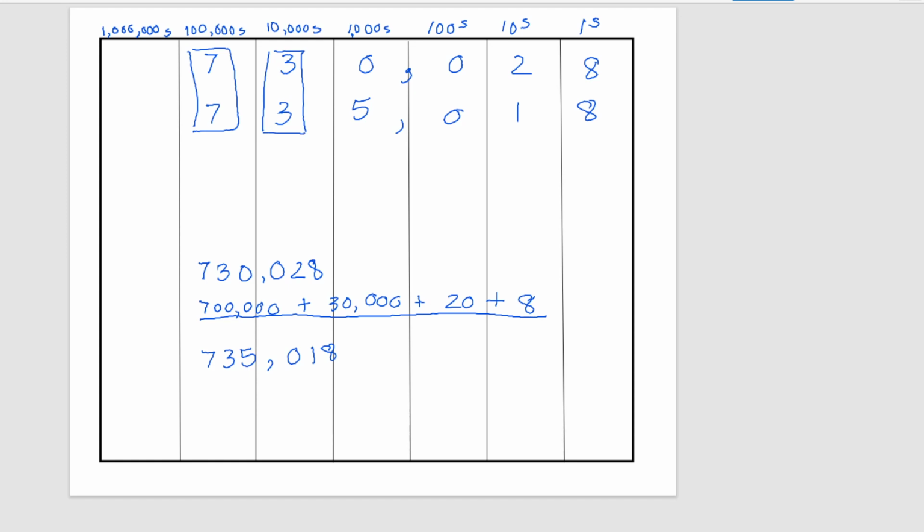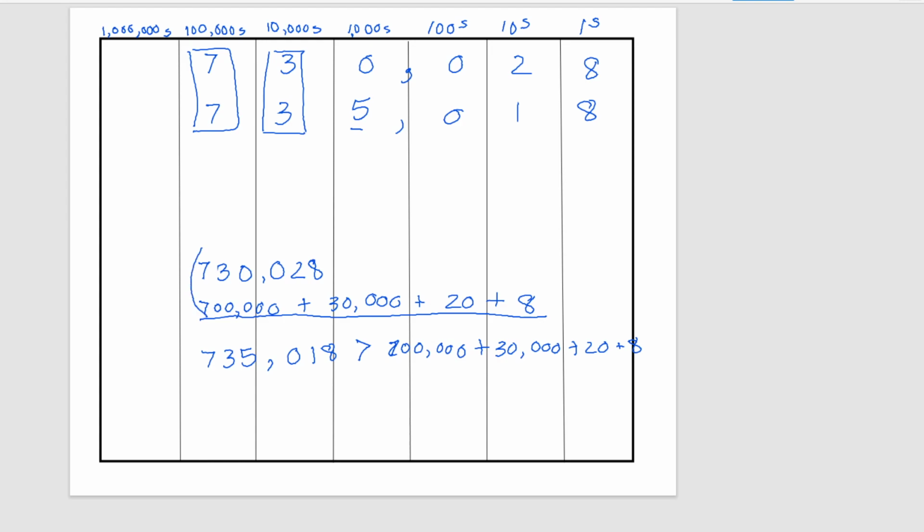Then when we get to the thousands, we see that 5 is greater than 0. Therefore, 735,018 has to be greater than 700,000 plus 30,000 plus 20 plus 8, since these two are equivalent.